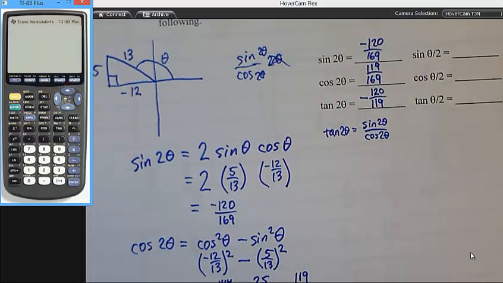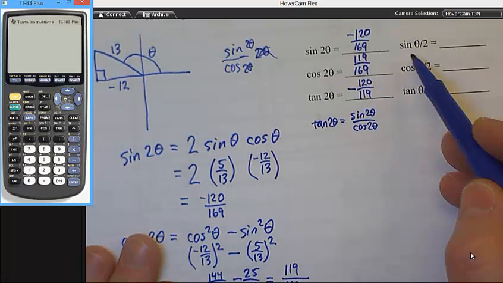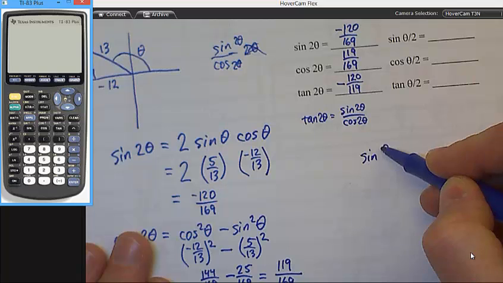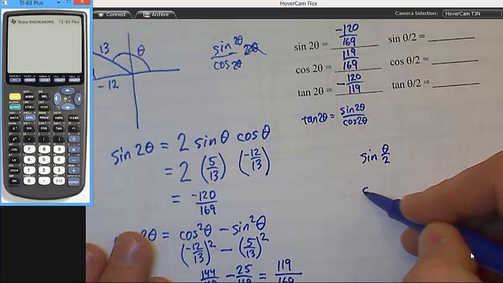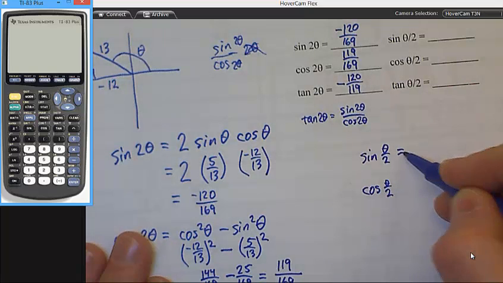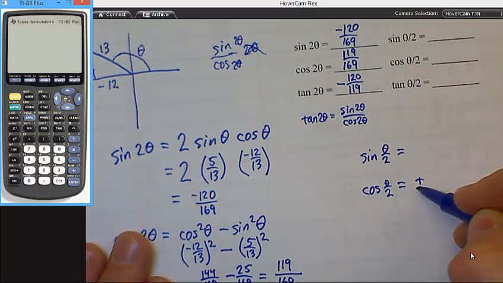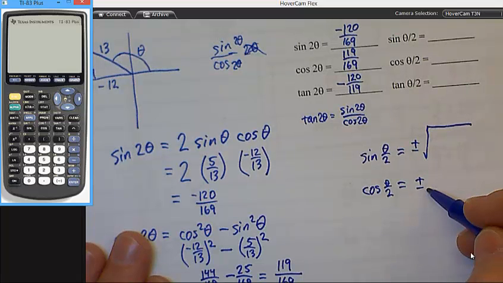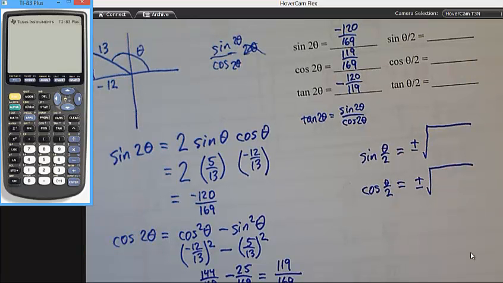Okay, so here we are. We have to do the sine of theta over 2 and the cosine of theta over 2. These are called the half-angle identities. They're a little tricky. I mean, first of all, there's a plus or minus going on. And where they come from is that we have identities for sine squared and cosine squared.